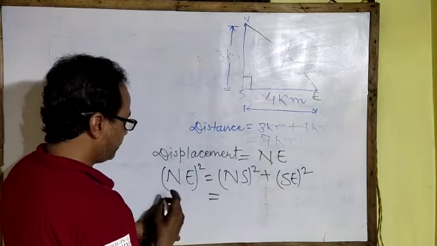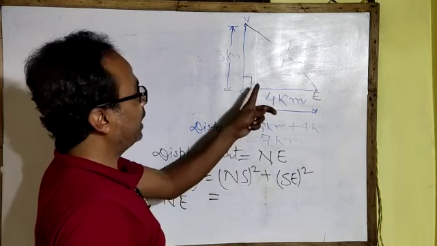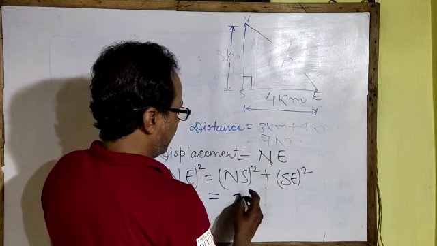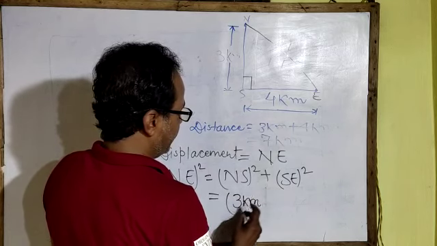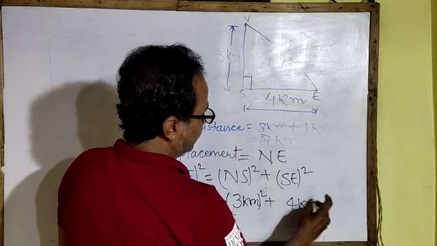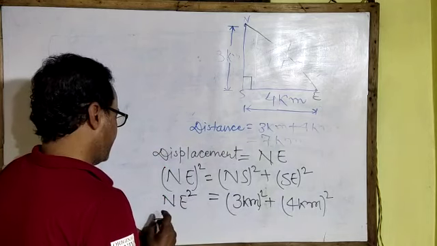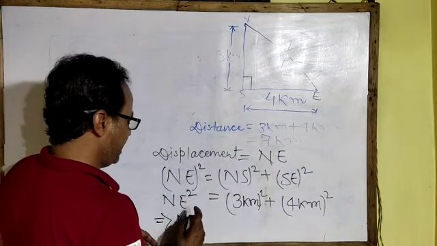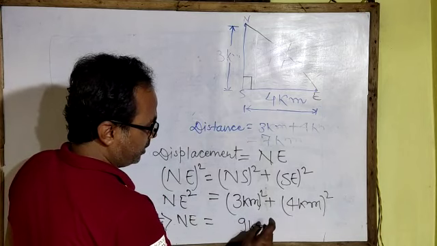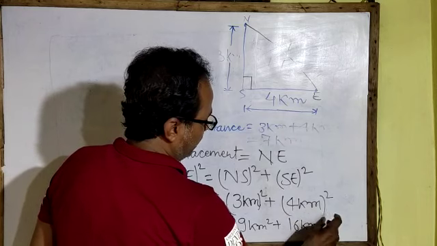So NE equals the square root of the square of 3 kilometers plus the square of 4 kilometers. This implies NE equals the square root of 9 kilometer square plus 16 kilometer square.